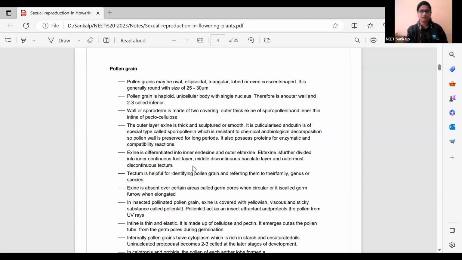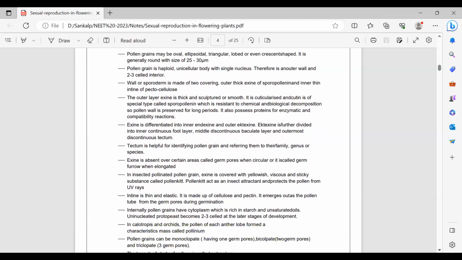Tectum helps in identifying pollen grains and relating them to their family, genus, or species. Exine is absent over certain areas called germ pores, which are circular, or germ furrows when elongated.